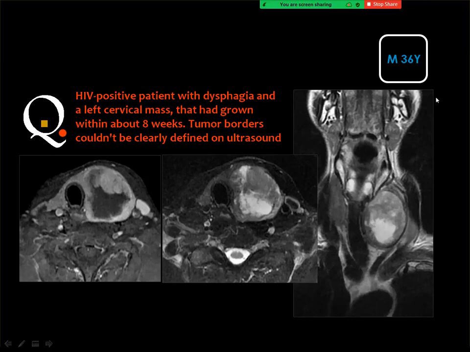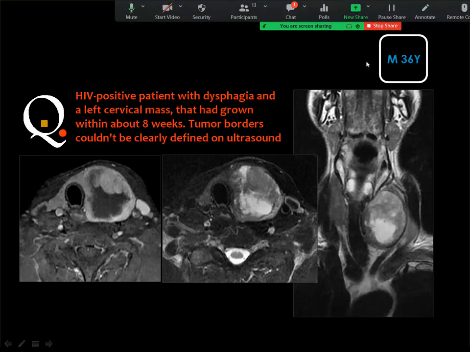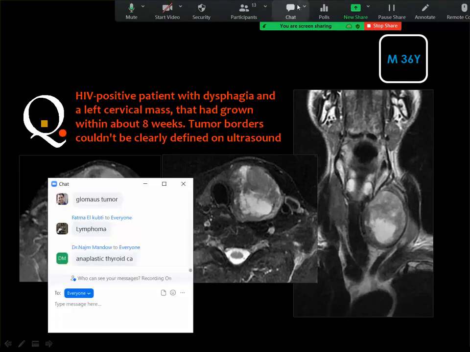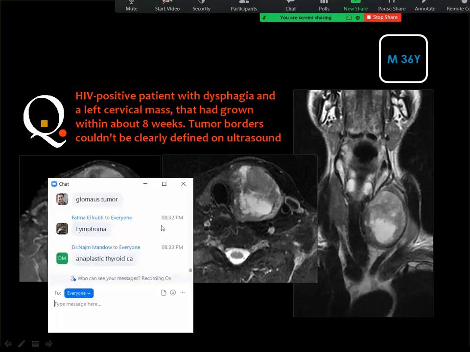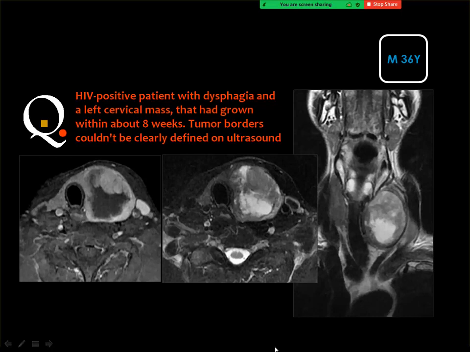And this is a male, 36 years old, HIV positive, presented with dysphagia and a left cervical mass that had grown within about 8 weeks. The tumor borders could not be clearly defined on ultrasound. Yes, very good, this answer. Anaplastic thyroid cancer. And this type is very rare.